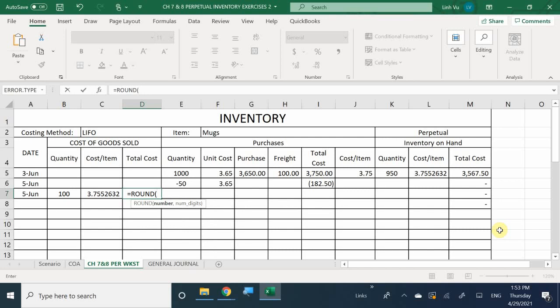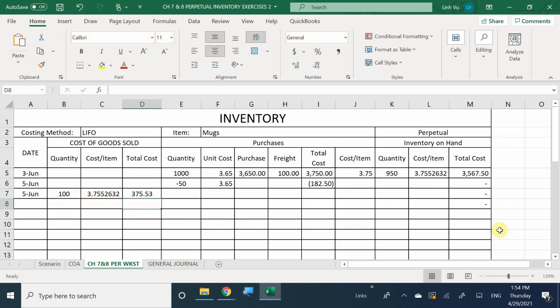So you can't be charging or expecting a customer to pay half a penny. So here you go, equal round. We're going to take my 100, multiply it by my cost of 3.7552. So what is the total cost of my goods sold? $375.53. Okay.